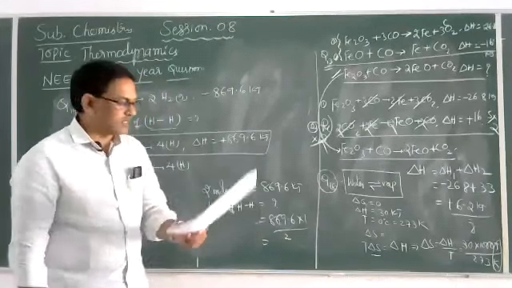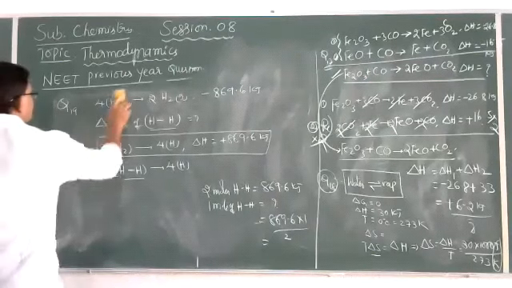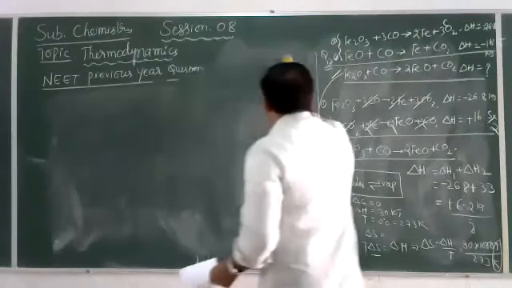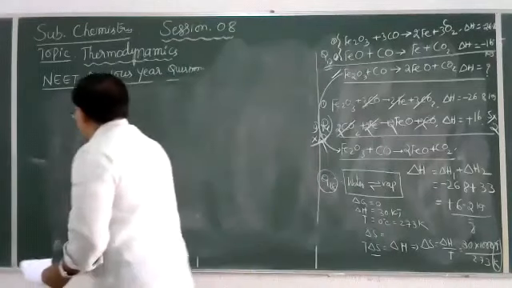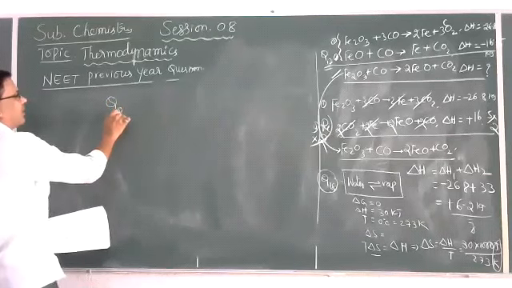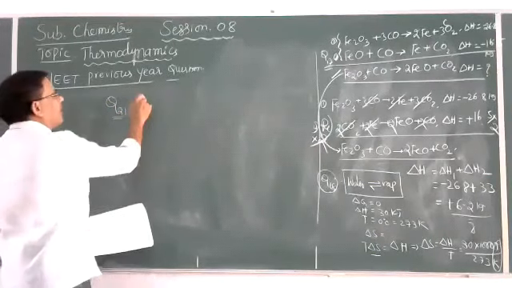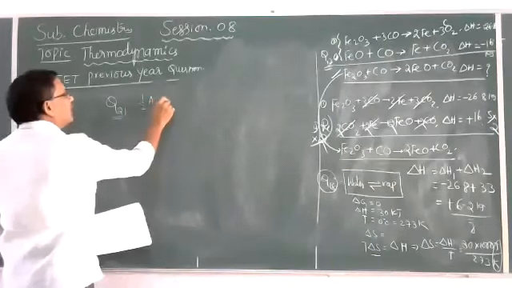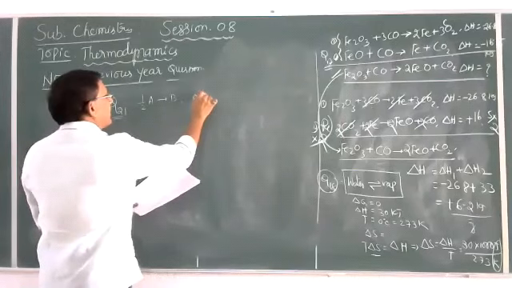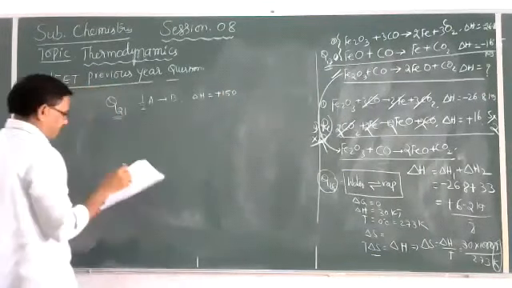Consider the following processes. Here 3 processes are given. Question number 21: A gives B, delta H is plus 150.